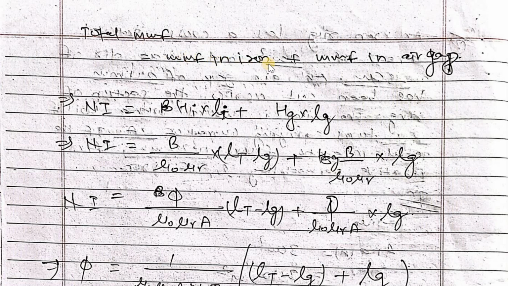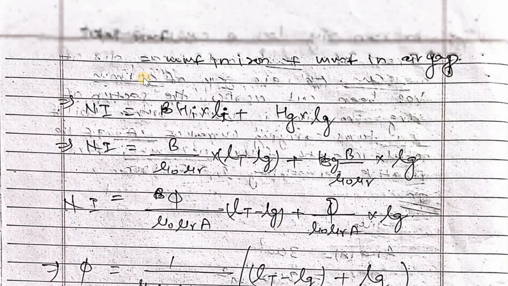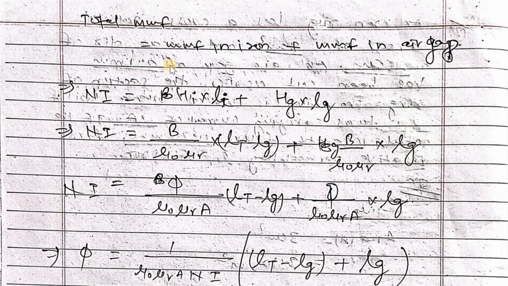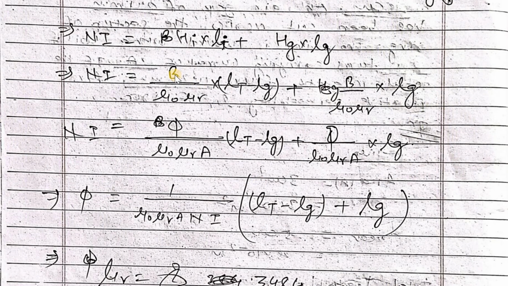And again total MMF equal to MMF of iron plus MMF of air gap. Then in the place of MMF we can write MMF equal to Ni, and for this we can write this formula, Si into Li plus Sg into Lg. Then B upon mu naught mu r into Lt minus Lg, plus B upon mu naught mu r into Lg.